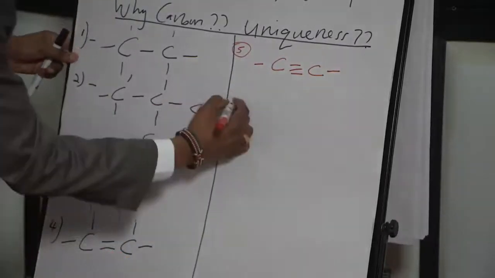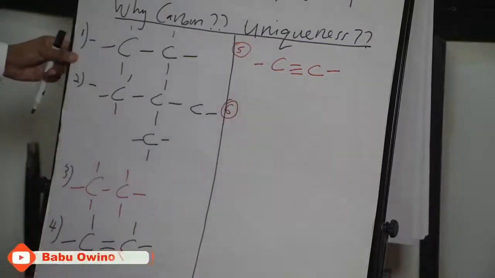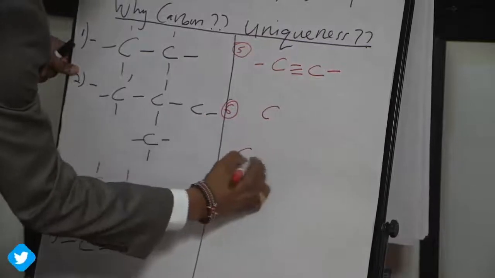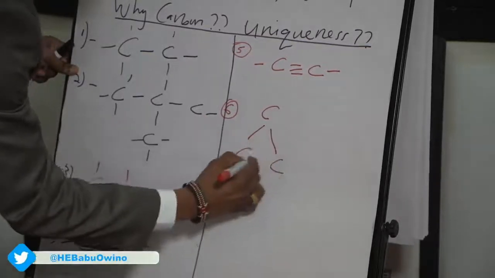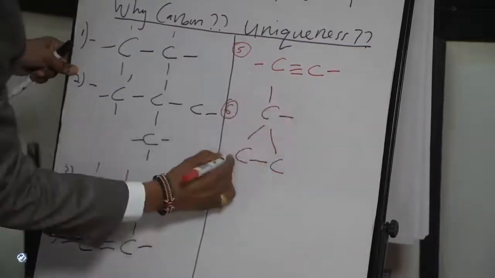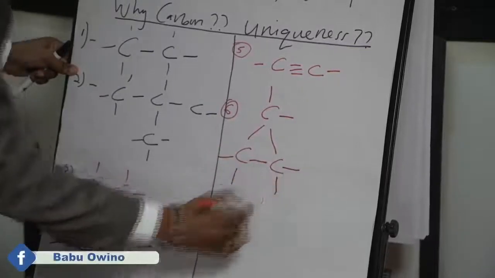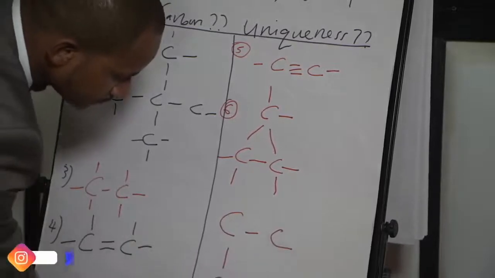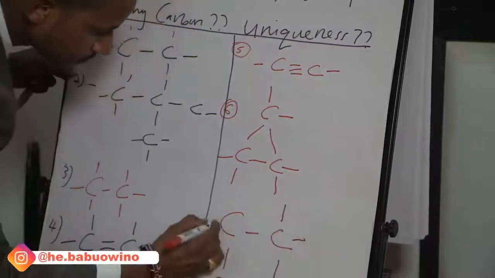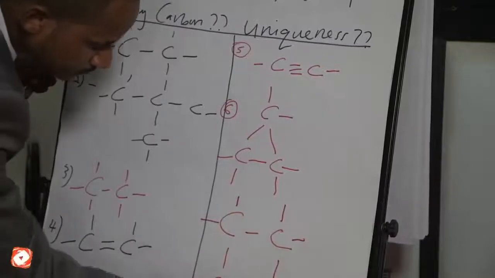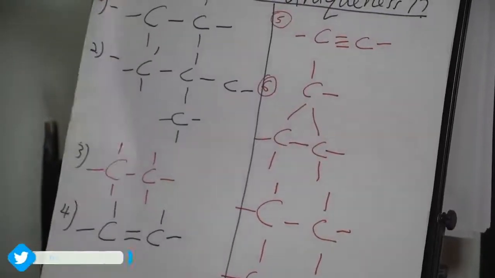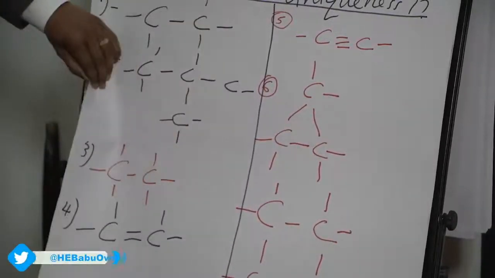And number six, carbon can form rings. And this also can be a ring. That is the main reason why we are interested in carbon, because of its uniqueness, because of these properties of carbon.